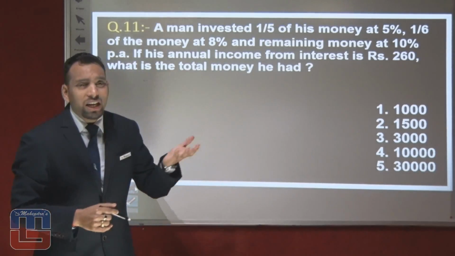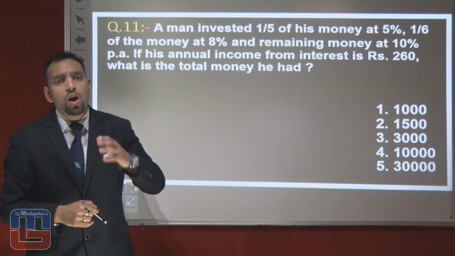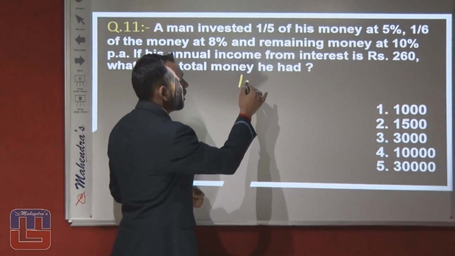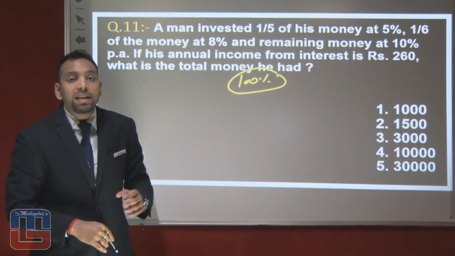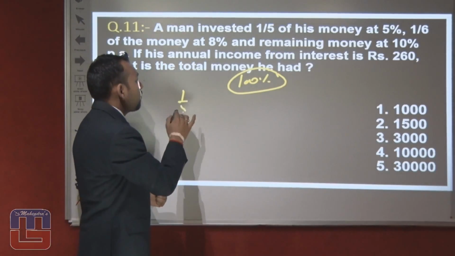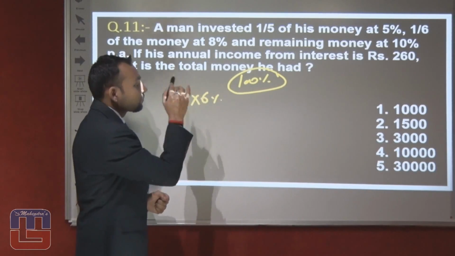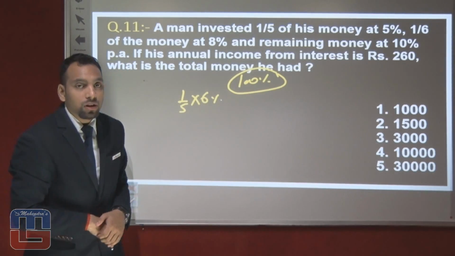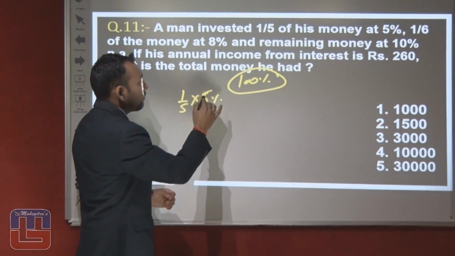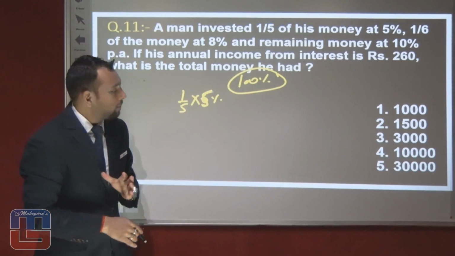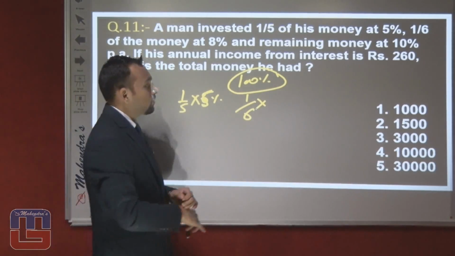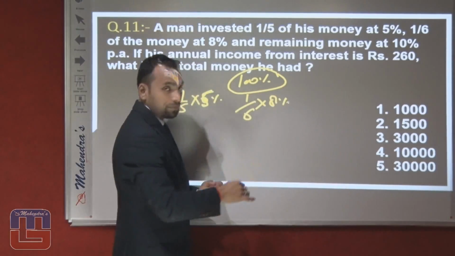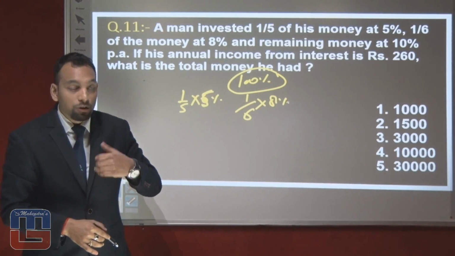If the data is given in percentage form, we already discussed, consider the data is 100%. Now see, a man is investing 1/5 of his money at 5%, 1/6 of money at 8%, and the remaining.